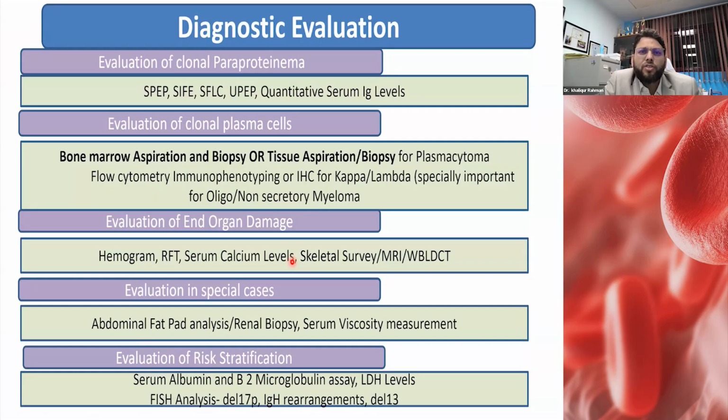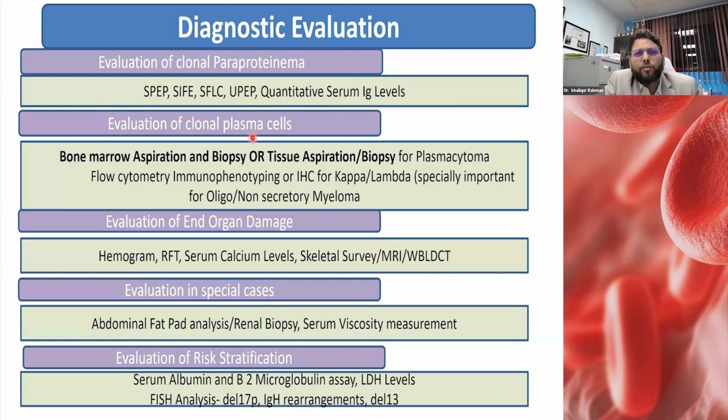So summing all these together, for the diagnostic evaluation, you have to evaluate for the presence of clonal paraproteinemia. That can be done with the help of serum protein electrophoresis, immunofixation, SFLC, urine protein electrophoresis, or the quantitative estimation of serum immunoglobulin levels.